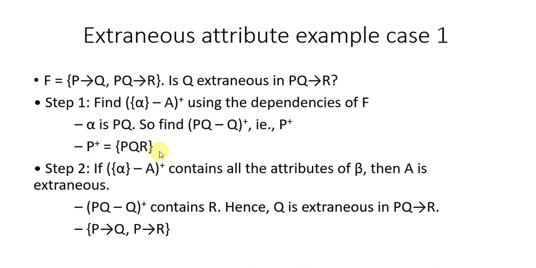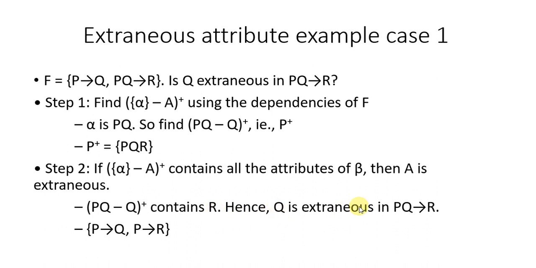And step 2 is, if alpha minus A plus contains all the attributes of beta, then A is extraneous. So PQ minus Q plus contains R. Hence Q is extraneous in PQ to R. Clear? So here beta is R. So we are taking one functional dependency and trying to find the extraneous attribute.